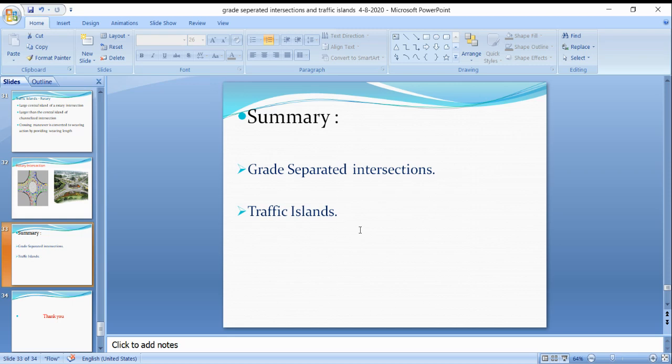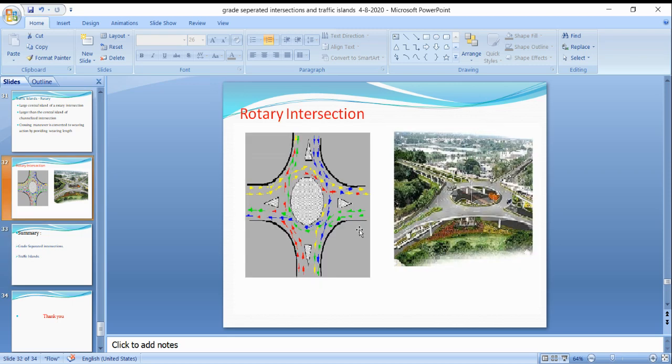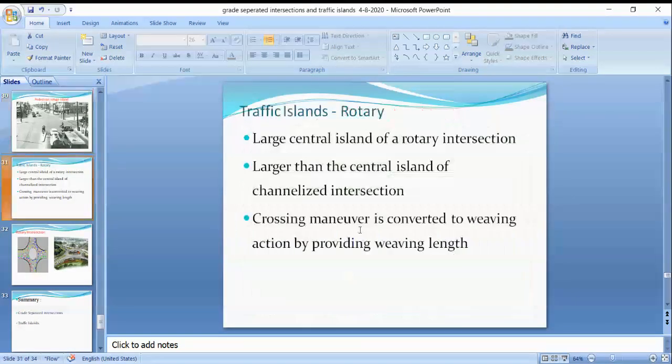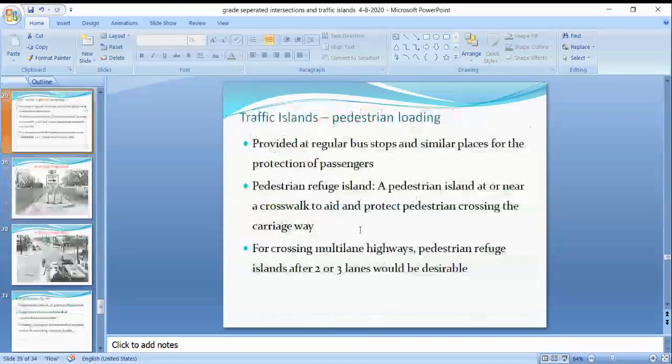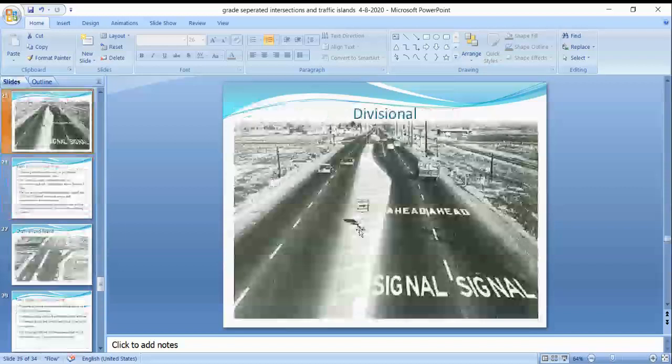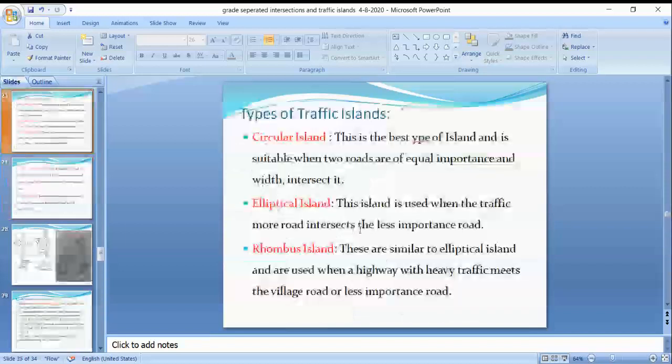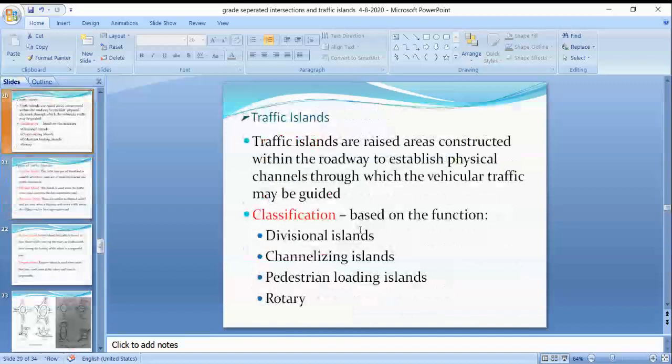So till now we have covered the channelized and unchannelized sections and all the islands. Different rotary intersections we can see here. We have covered different types: divisional islands, channelized islands, pedestrian loading islands, and also the rotary.